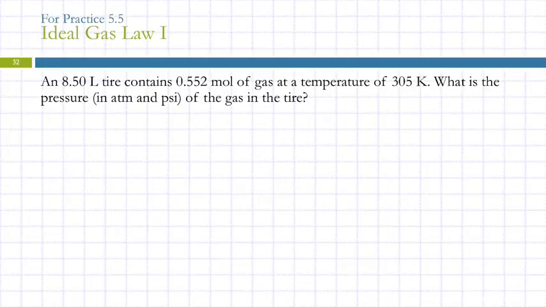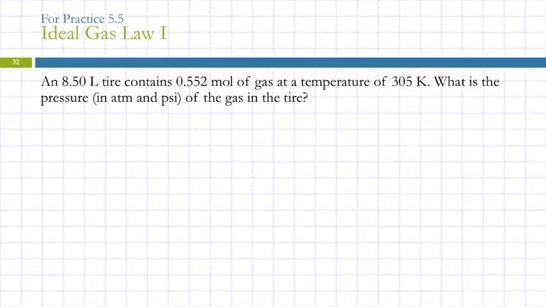Well, we've got three different variables here, so obviously it's not one of the simple gas laws. The other thing that you might recognize is there's nothing that's changing. They're not saying it was heated or it was compressed or we added. There's one volume, there's one n, there's one temperature, we're asked for pressure.